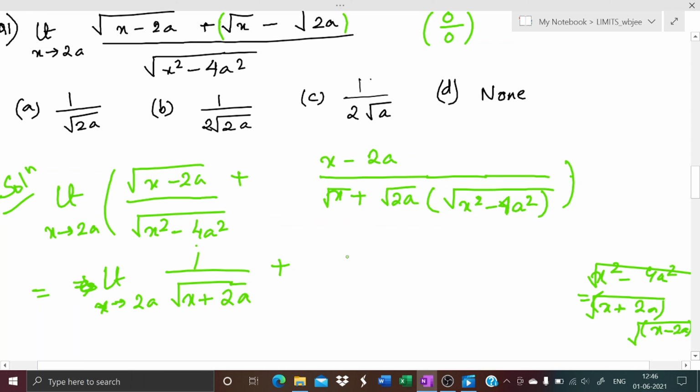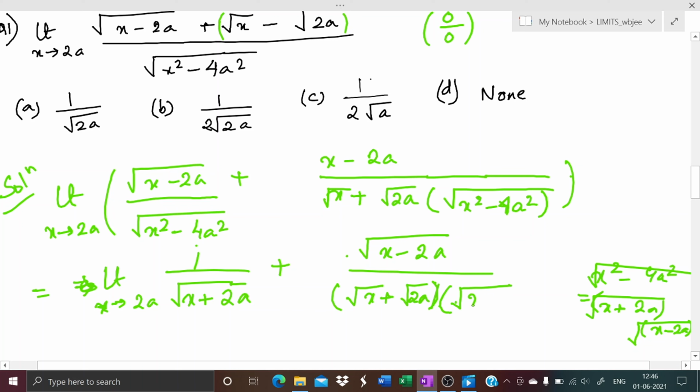So it will be under root x minus 2a into under root x minus a, and one under root will get cancelled from the numerator, and it will be under root x minus 2a by under root x plus under root 2a into under root x plus 2a.